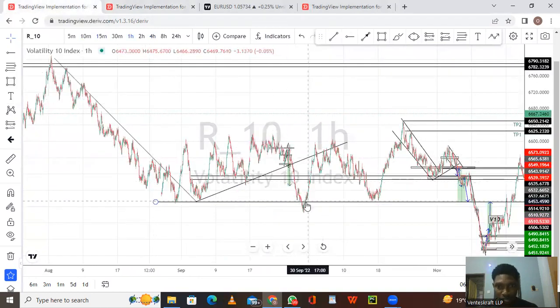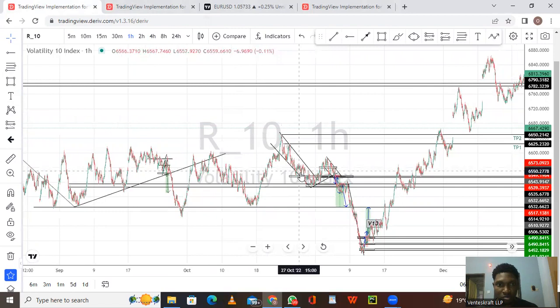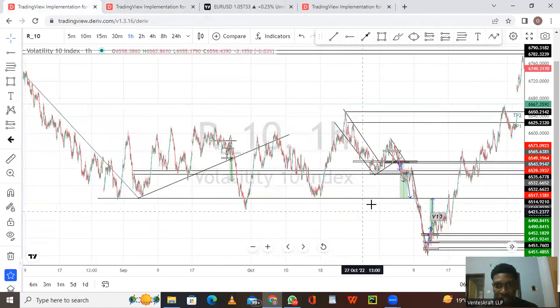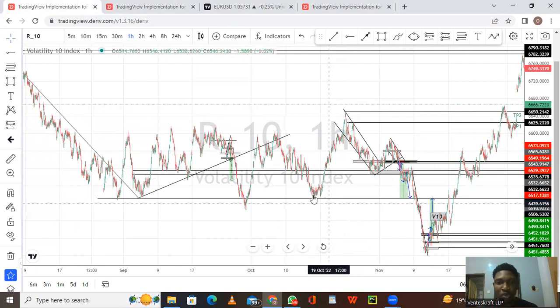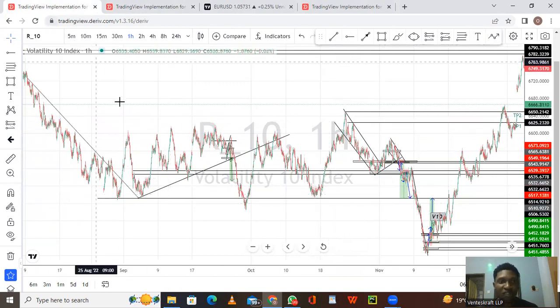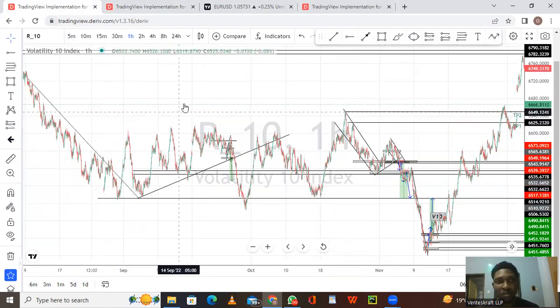I've marked out some points. All these points, this is a bear flag. All these things you can also find on the lower time frame. Even if you scale down to the 5 minutes, you can also find it there.